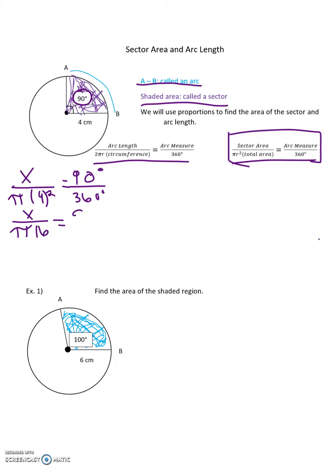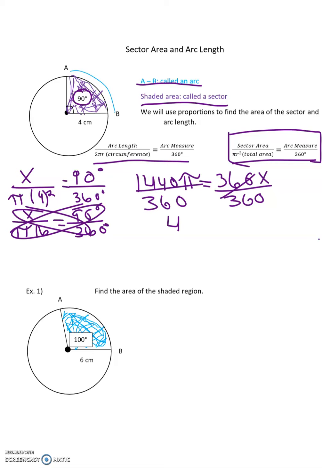And then 360 times x. And then this would just be like any regular equation. You solve for x, so you divide by 360. We're just going to bring the pi along. 1,440 divided by 360 gives us 4. And then we just have to keep the pi. So 4 pi. And that is your answer for that one.